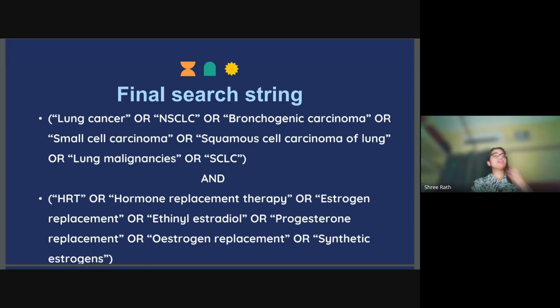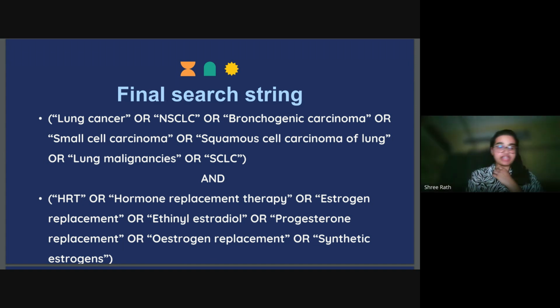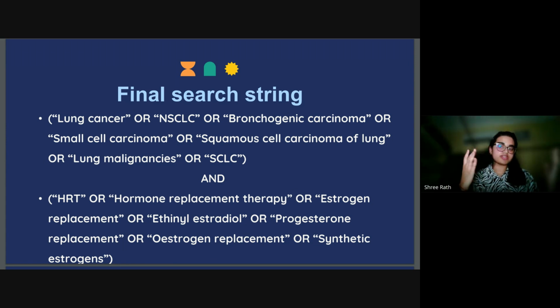So we got our synonyms for lung cancer ready. We have our synonyms for HRT ready. And finally, we join both of them together using the operator AND. And then we get all the results which have any one of those synonyms of lung cancer and any one of the synonyms of HRT.